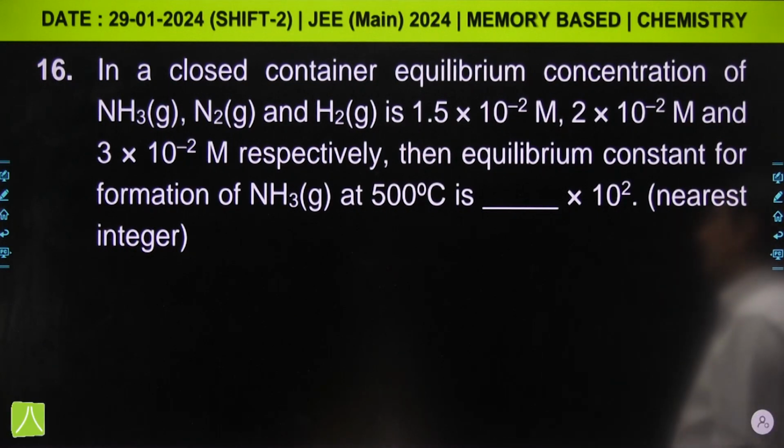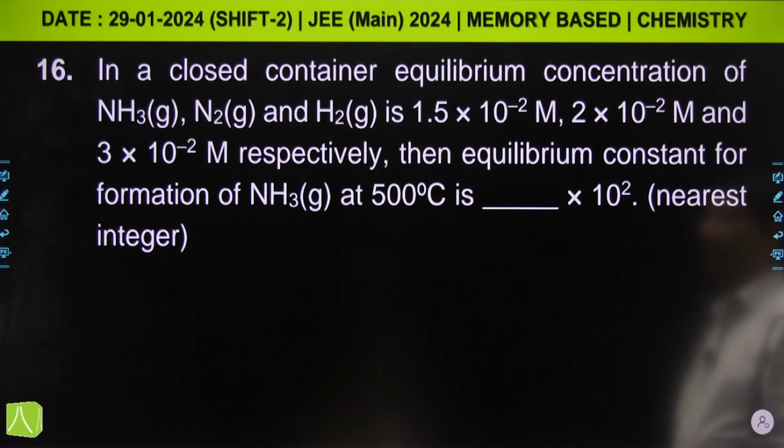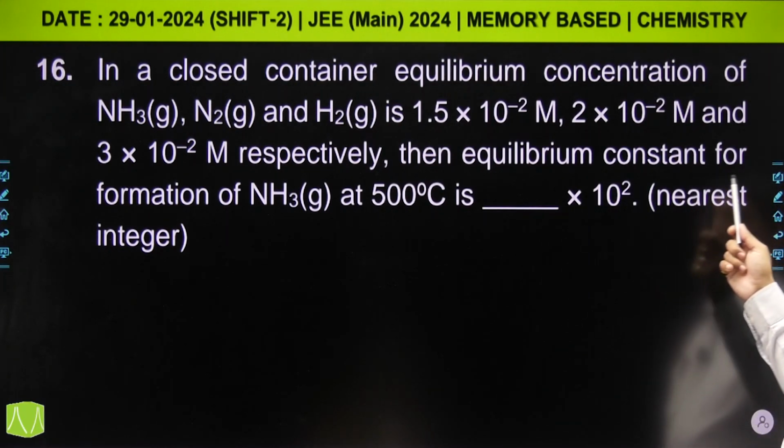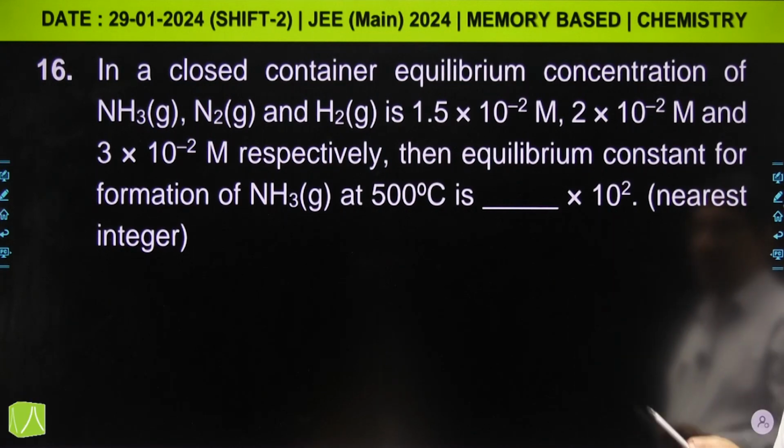Next question, it is from chemical equilibrium. In a closed container, equilibrium concentrations of ammonia, nitrogen and hydrogen are given as 1.5 into 10 power minus 2 molar, 2 into 10 power minus 2 molar and 3 into 10 power minus 2 molar respectively. Then equilibrium constant for the formation of ammonia at 500 degrees Celsius is dash into 10 power 2.